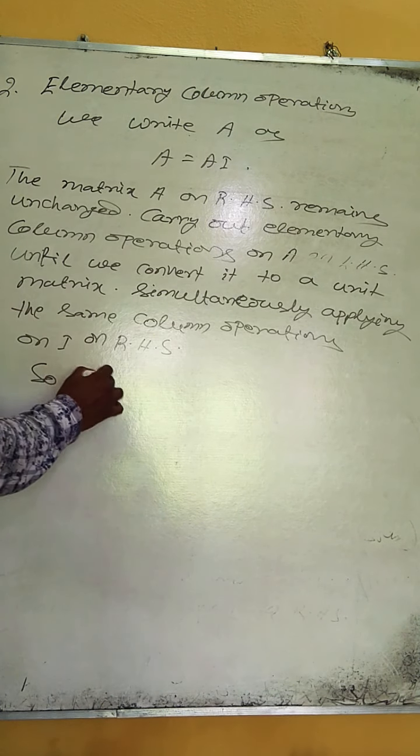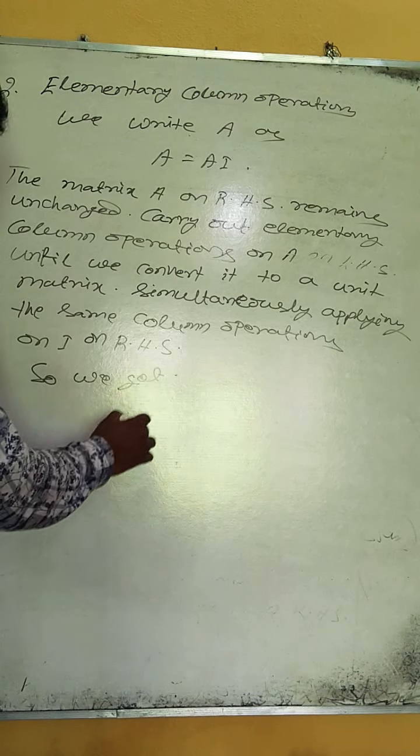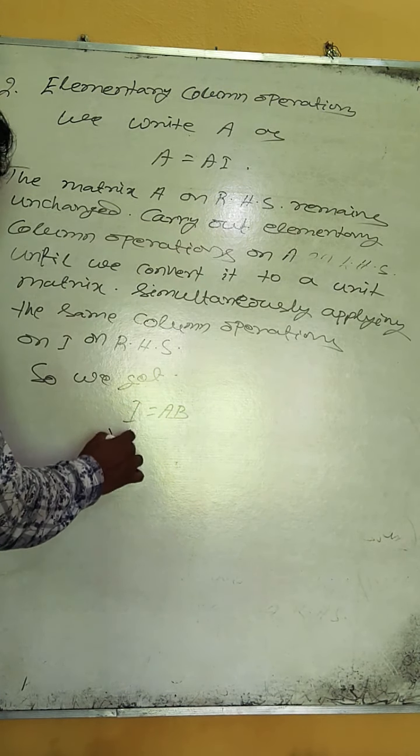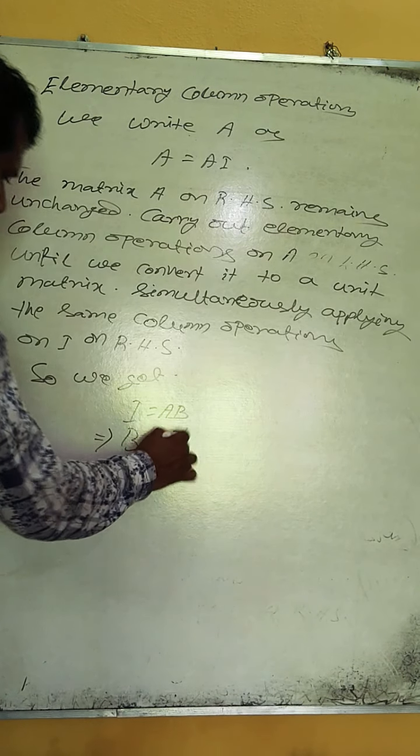So we get I is equal to AB, that implies B is equal to A inverse.